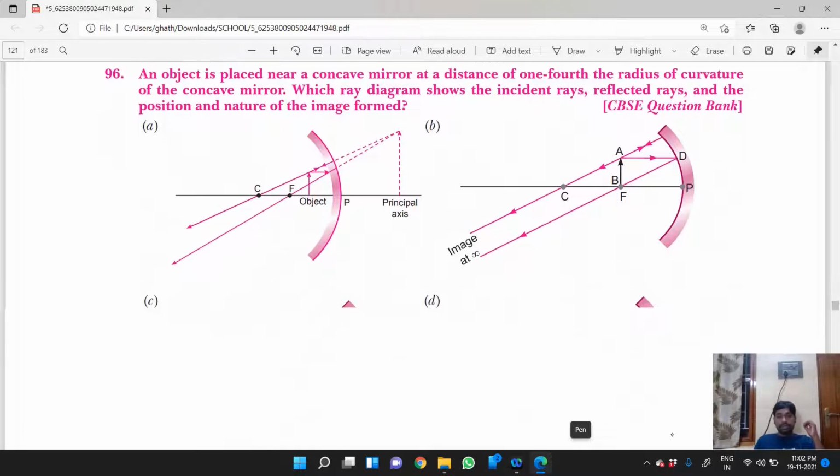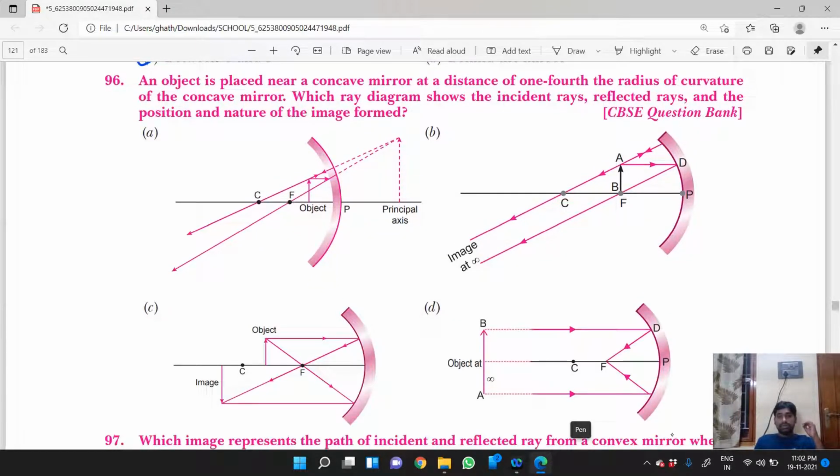I think it is a familiar question to you. Try to see the question. An object is placed near a concave mirror at a distance of 1/4 of the radius of curvature of the concave mirror. Which ray diagram shows the incident ray, reflected ray, and position and nature of image correctly, they are asking. So 1/4 of radius of curvature.